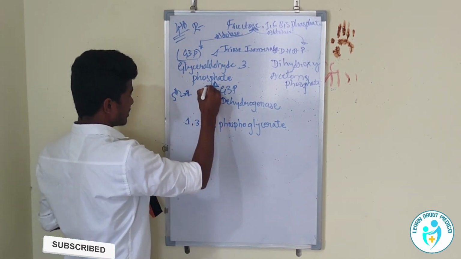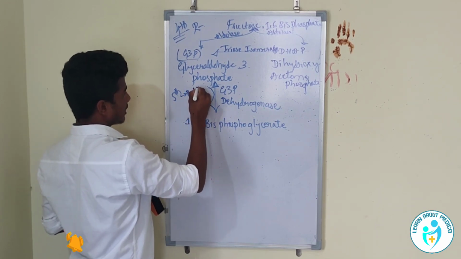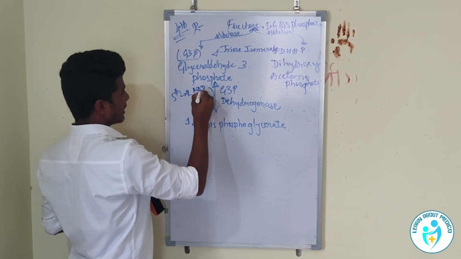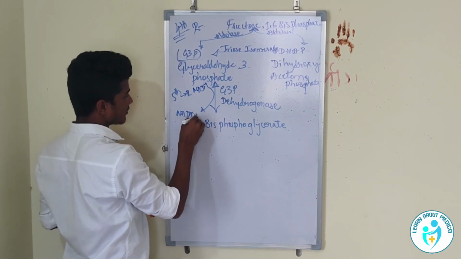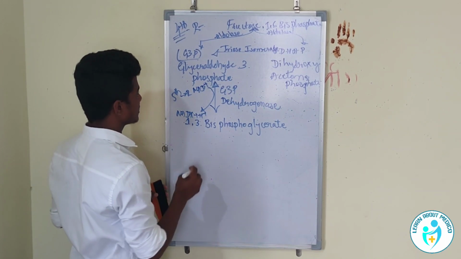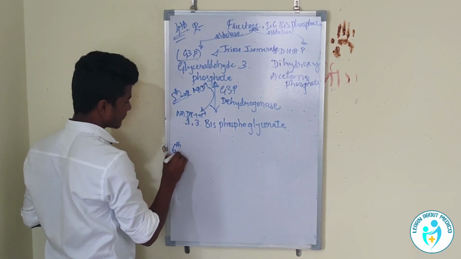Here, in the fifth step, NAD is converted into NADH plus H plus. This is the fifth step. And come to the sixth step.